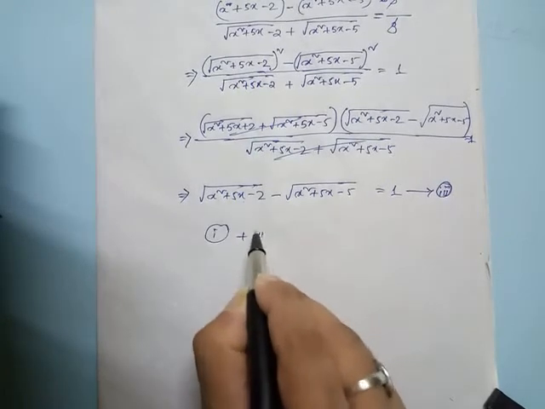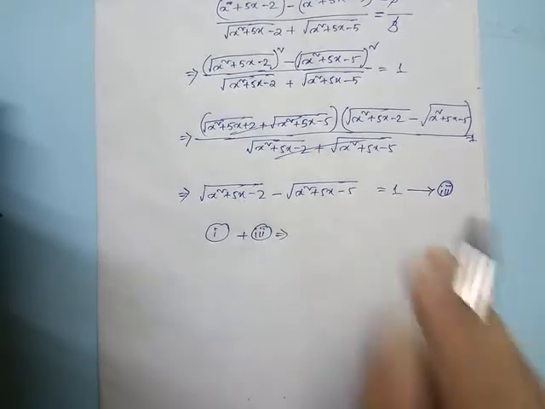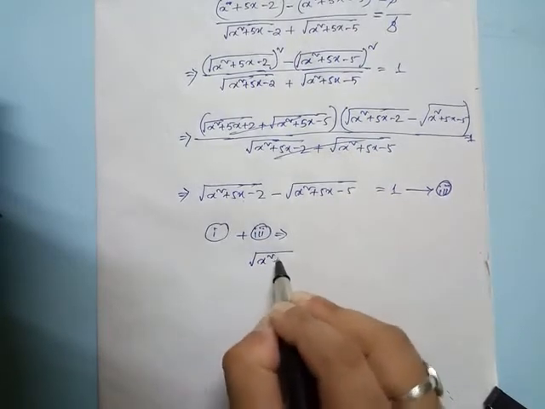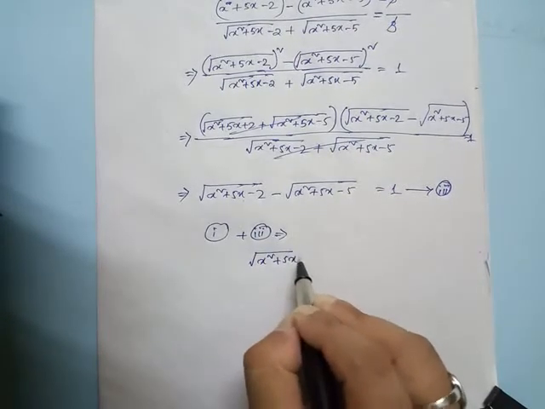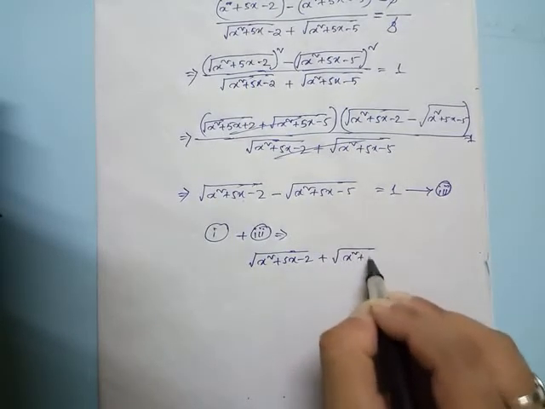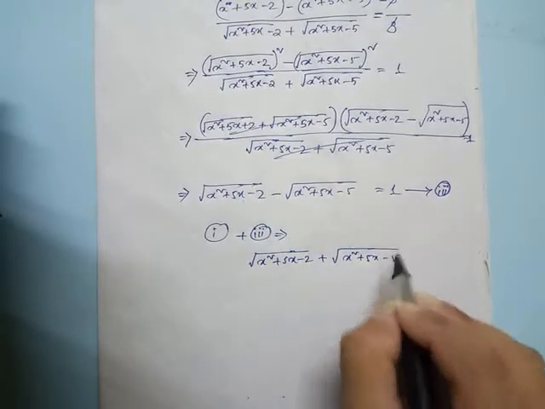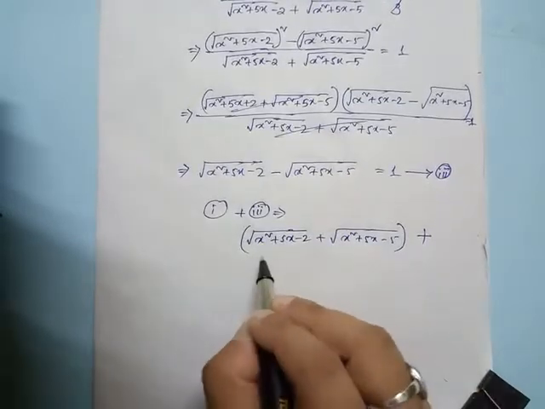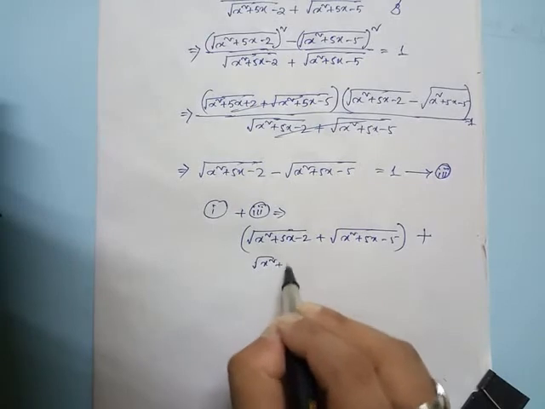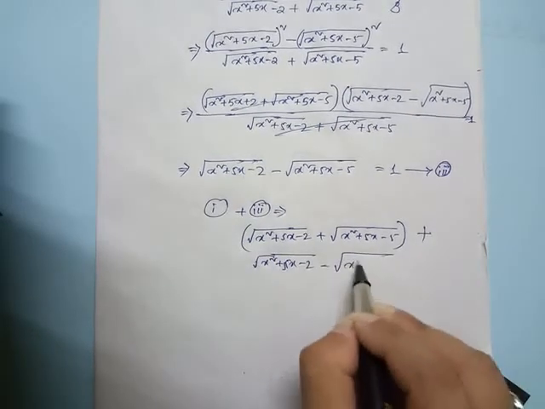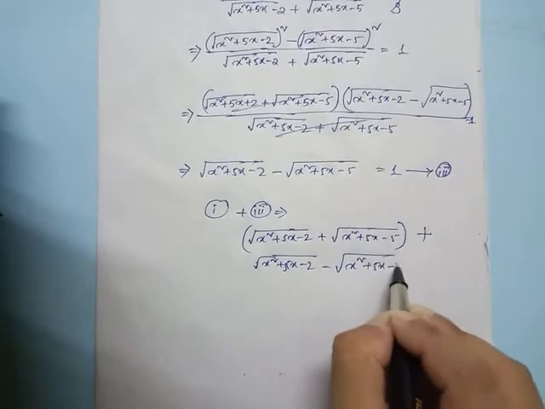1 plus 3, we'll get, what is equation number 1? Root over x square plus 5x minus 2 plus root over x square plus 5x minus 5. This is equation number 1, plus root over x square plus 5x minus 2 minus root over x square plus 5x minus 5.